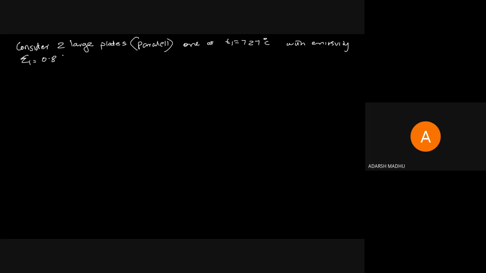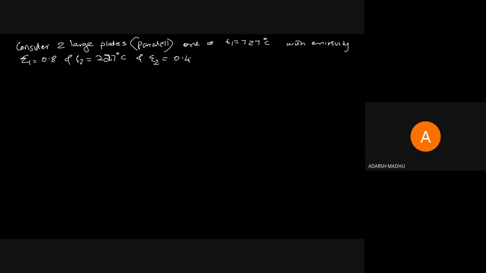There are two large parallel plates. First one is at temperature 727 degrees Celsius with emissivity 0.8, and T2 equal to 227 degrees Celsius, and epsilon 2 equal to 0.4. So there are two parallel plates. One is at T1 equal to 727 degrees Celsius and emissivity 0.8. Second one is at temperature 227 degrees Celsius with emissivity 0.4.